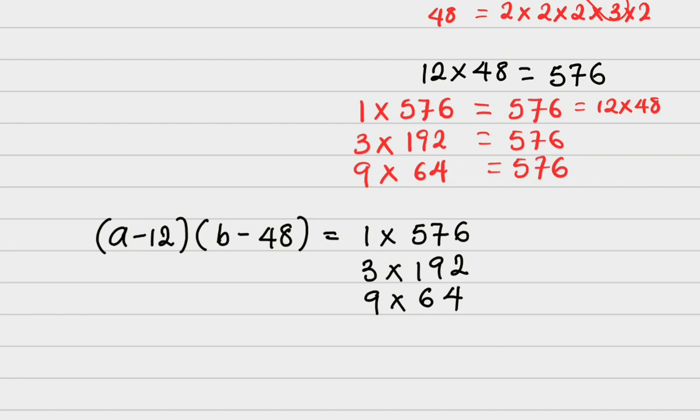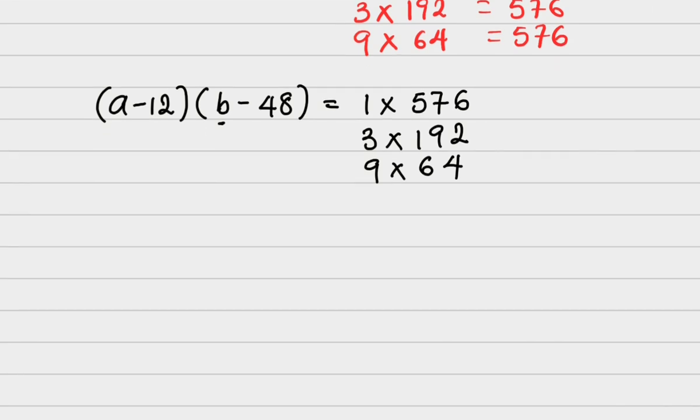Now, recall that we said B is an odd number. Once B is an odd number and it is minus 48, which 48 is an even number, then I must have an odd number at the end of the day. That is just the trick. So they are in twos.